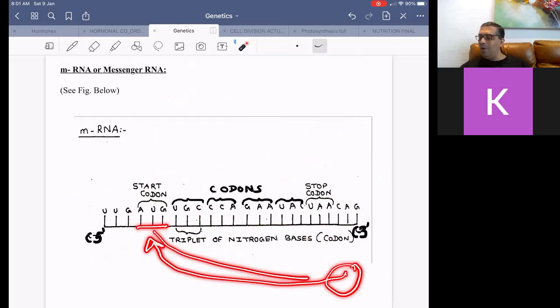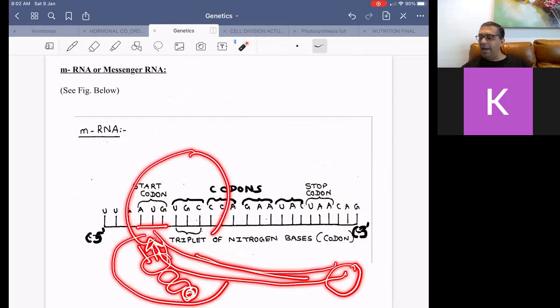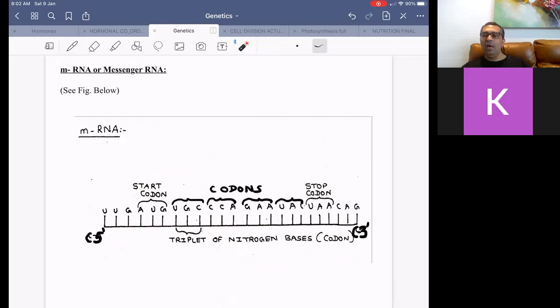And the amino acids are delivered or transferred from the amino acid pool into the ribosome by RNAs called tRNAs, transfer RNA. So this is the start codon AUG and this is the tRNA.